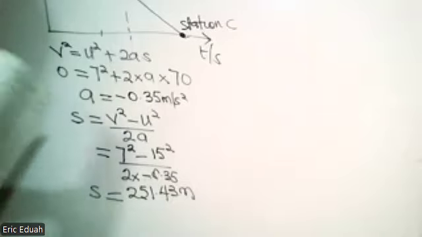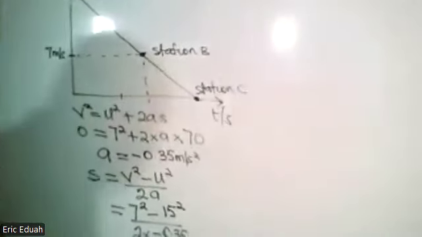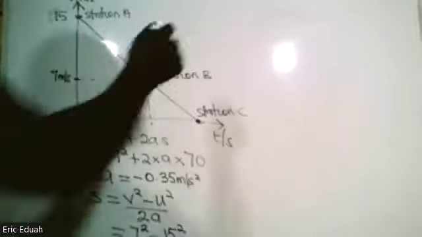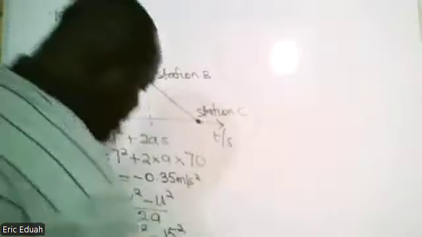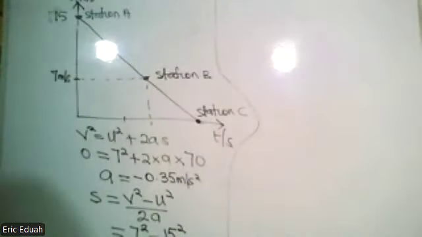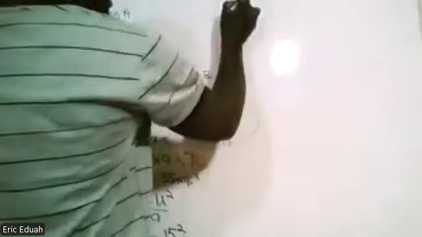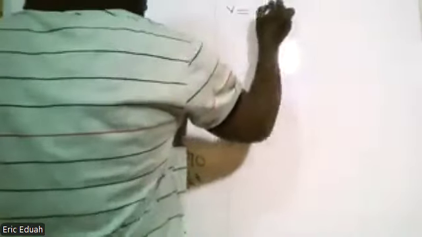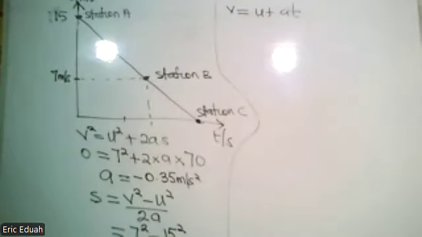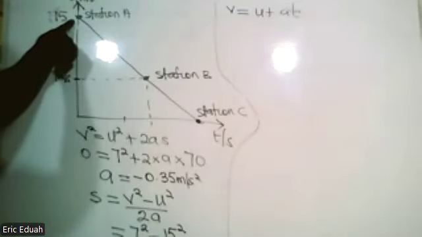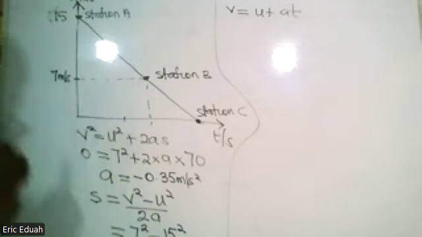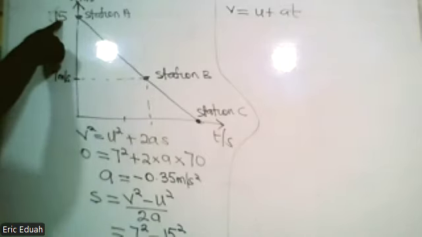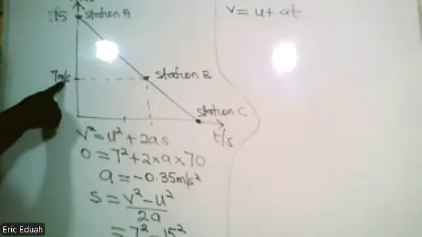So using equation 1, V is equal to U plus AT, we can find the time. We are looking for the time taken to move from station A to station B. Initial velocity is known, final velocity is known.